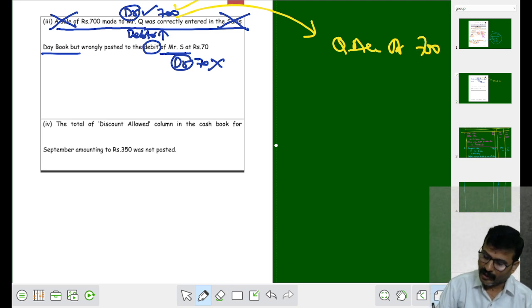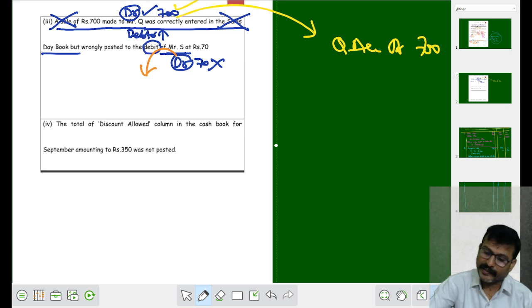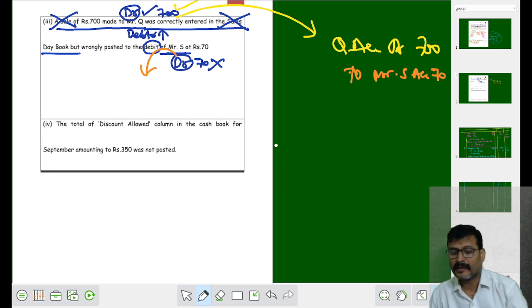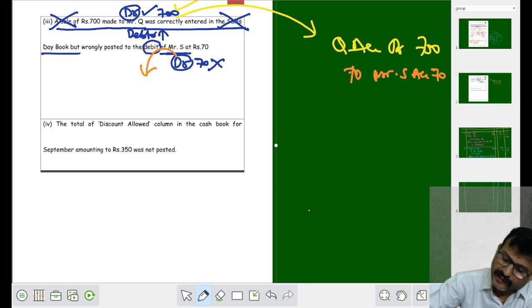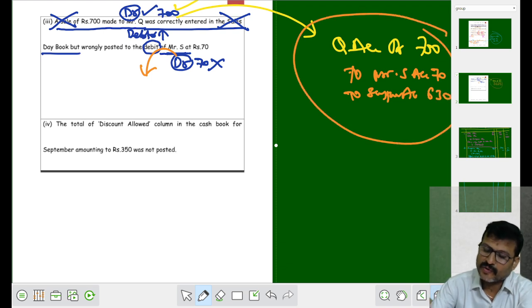Shift the wrong in the opposite place. You have to shift the wrong debit. It is in the opposite place. It comes to credit side. Credit side means to Mr. S account an amount of rupees 70. Out of 700, 70 गया तो कितना मिलता? That is to be taken to suspense account as 630. I hope you understood, right?